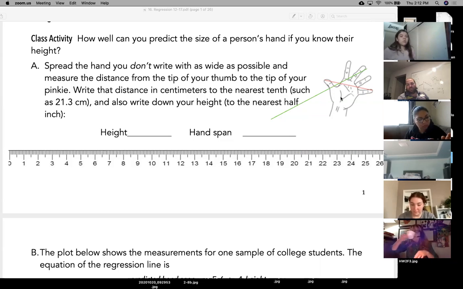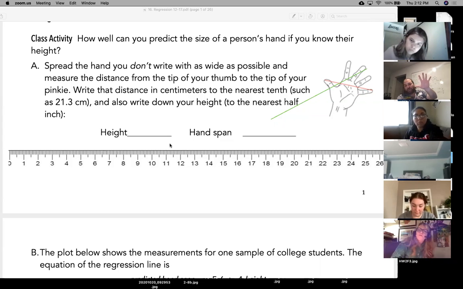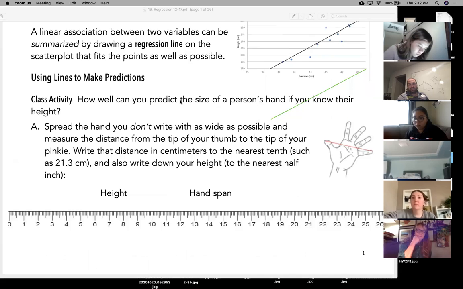And we want to use that as a prediction for how tall the person is going to be. Do we expect, as a general rule, that the larger the hand span, the taller the person? Do we expect that relationship to be true? We certainly expect that relationship to be true, right? And this is the data that we have.